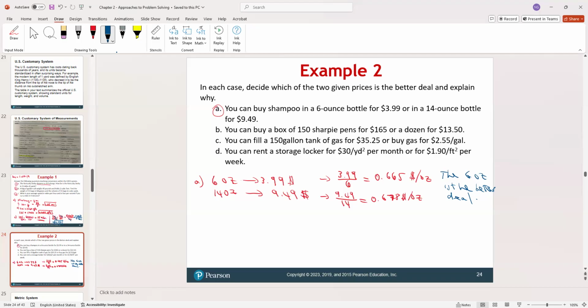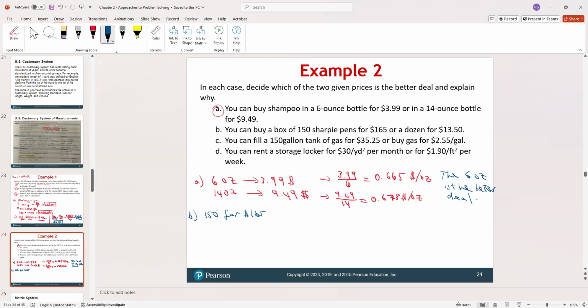You can buy a box of 150. So let's say B, you buy 150, we said that costs $165.